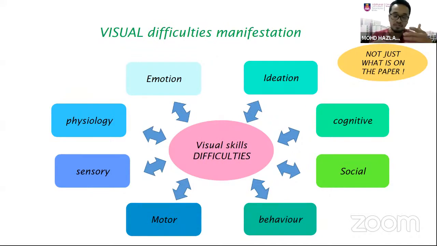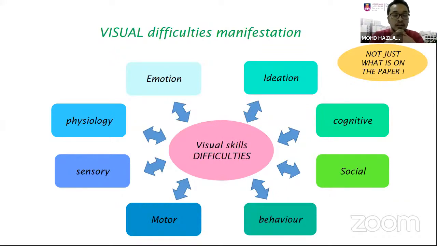To do the administration, to conduct an assessment regarding visual skills, there are a lot of things that we need to consider too. If you look at the picture there, the first is emotion, ideation, cognitive, social, behavior, motor, sensory, and physiology. There are a lot of things. A child could come to you with emotion difficulties.